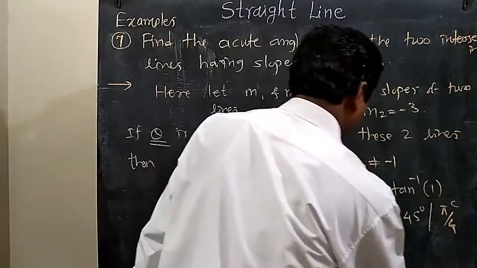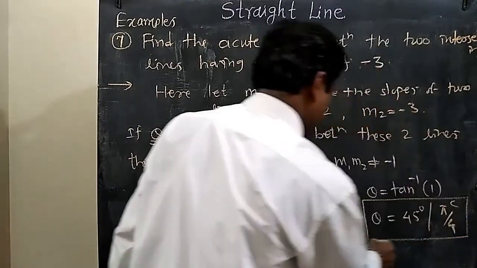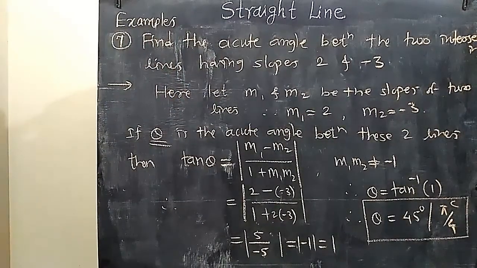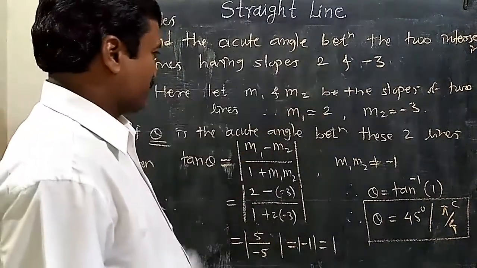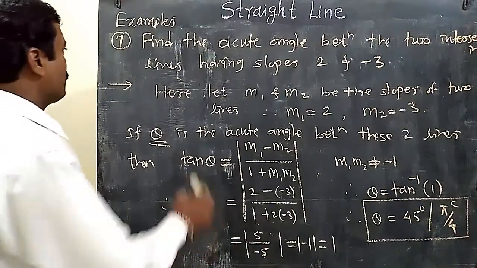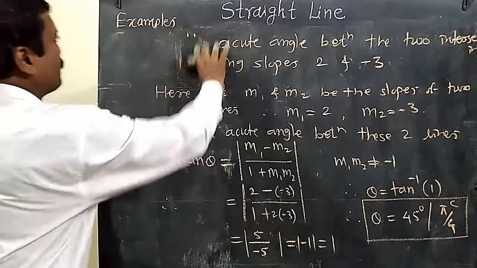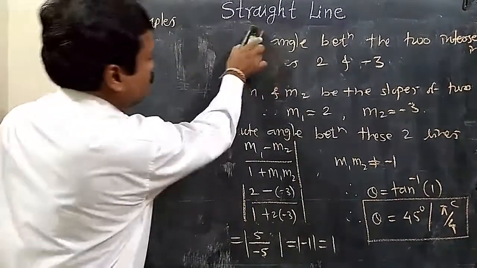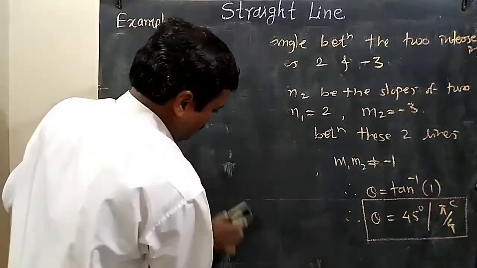So this is the way to find the acute angle between two lines having slopes 2 and -3. This one is very simple. Just use this formula for finding the angle between given two intersecting lines.